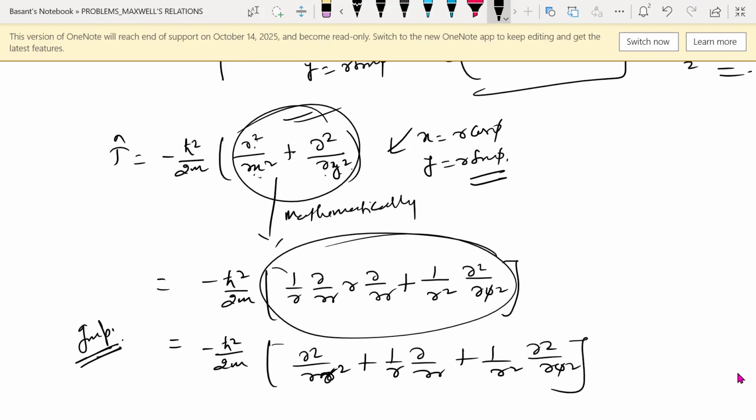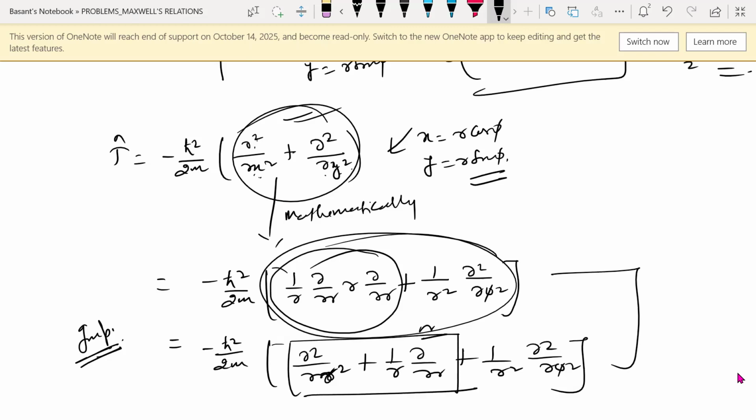You can write any one or both. Both are equal. So here the radial part of this differential can be replaced by this part. And this is important for the examination.